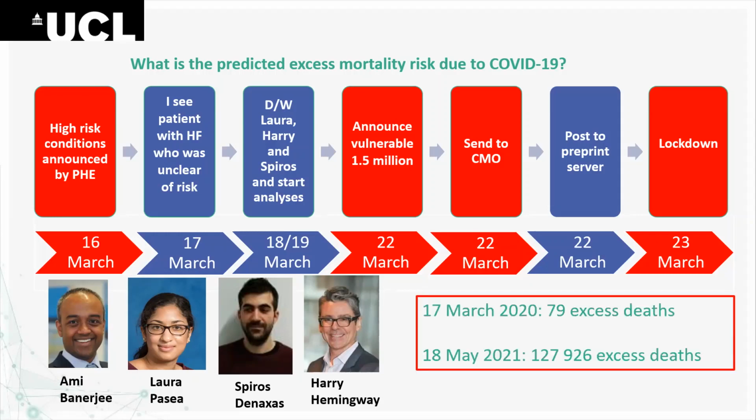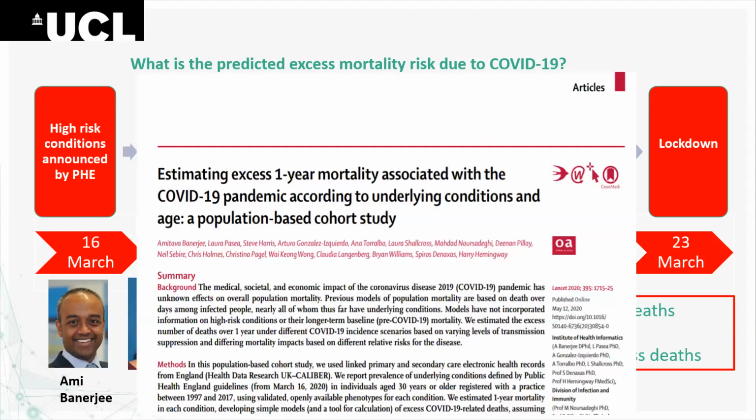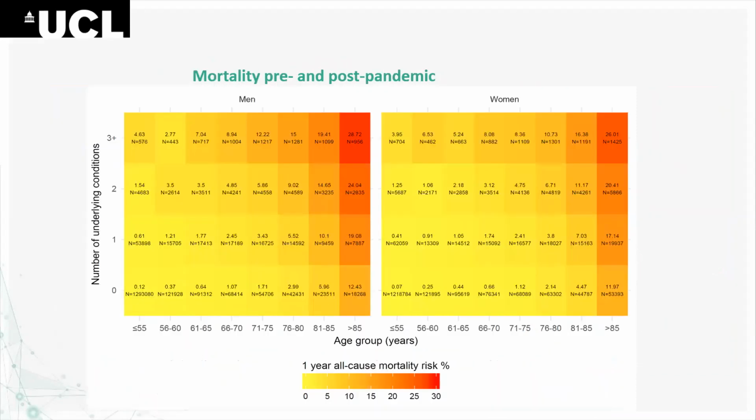And you'll be aware that at that time there were very few deaths, and now the official statistics are 128,000 in the UK. And that was preprint on the 22nd of March, and on the 12th of May, it was published.